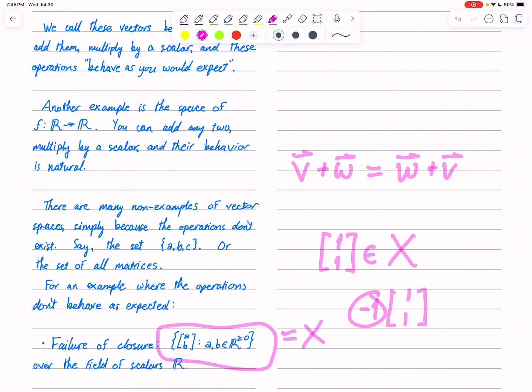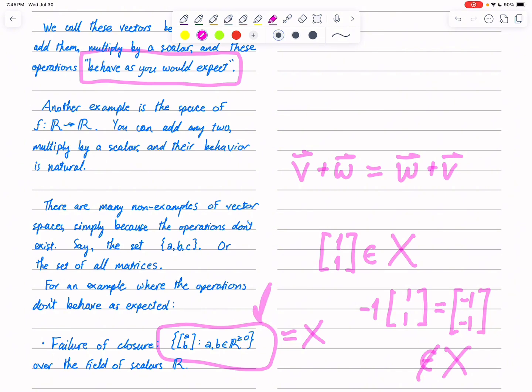Well, then that's a real number, and I should be free to multiply by it. But if we multiply that out, we get this, and it is not in the set. So that means that this set is not closed under scalar multiplication. That's the kind of thing that we would say does not behave as you would expect. So that's also a non-example of a vector space.